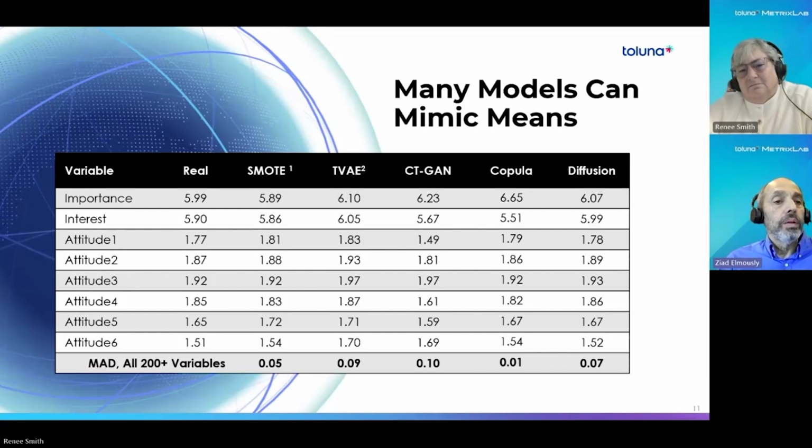And then there's the CT-GAN, which is the tabular version of conditional generative adversarial networks. And it is a type of artificial intelligence that uses 2 competing neural networks to produce synthetic data that are highly realistic and indistinguishable from the real data.